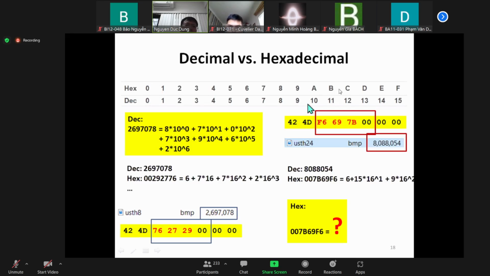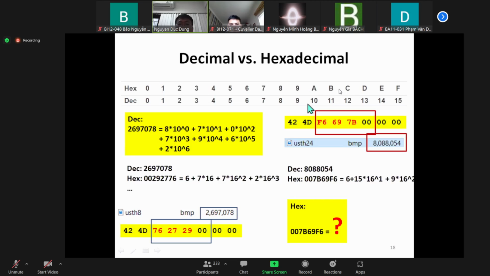Yesterday, a student asked me why it is in hexadecimal. A very interesting question: why hexadecimal, but not another numbering system.